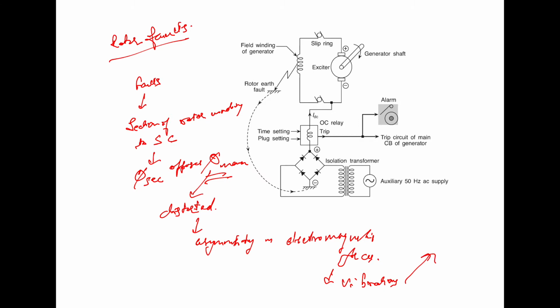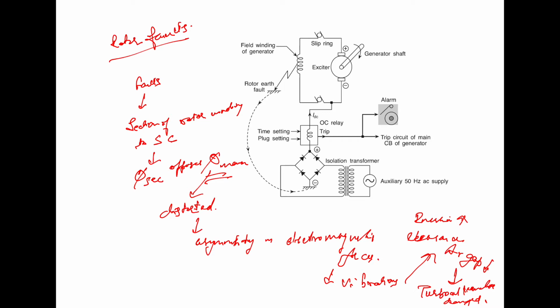Because of the vibration in the modern turbo alternators, the inertia is large and the clearance is small, that is, the air gap is small, so it will cause permanent damage to the turbo alternator. It can be permanently damaged.